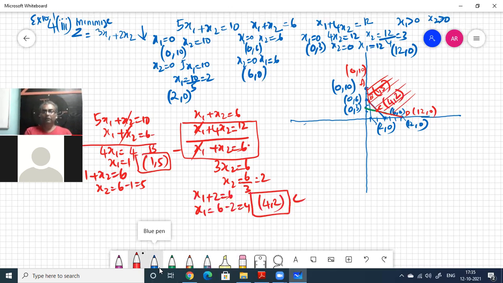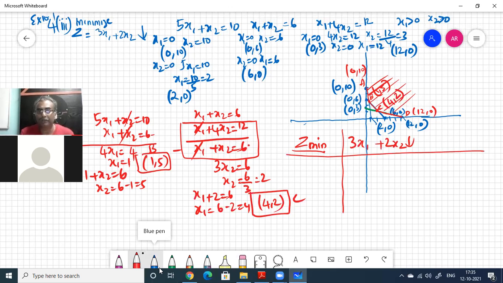Now you put the Z min values. What is the minimizing function? 3x1 plus 2x2 must be minimum. Now put each of the points. First point is A. A is 0, 10. So 3 into 0 plus 2 into 10.